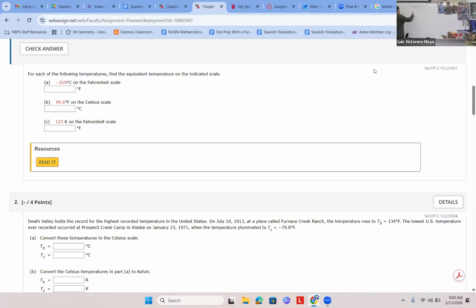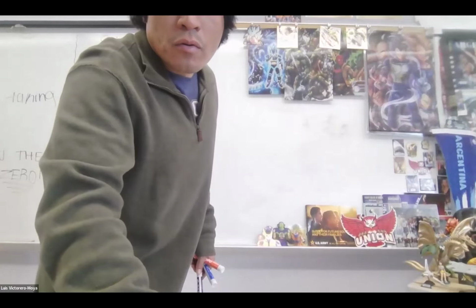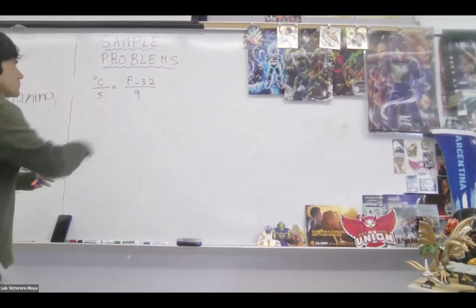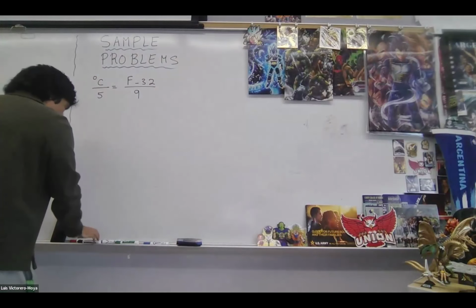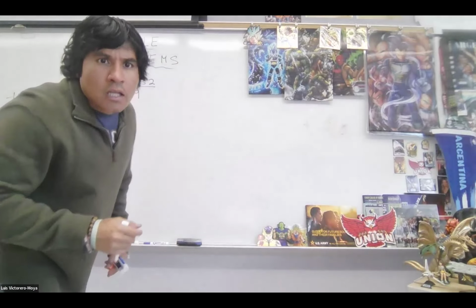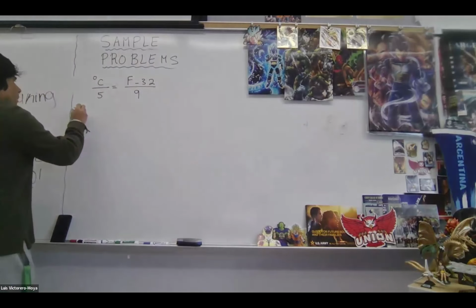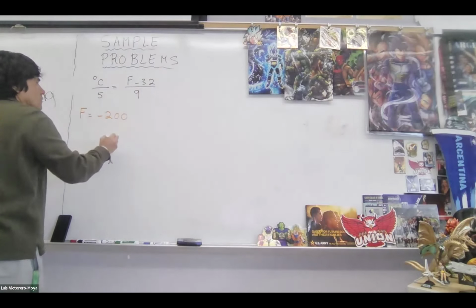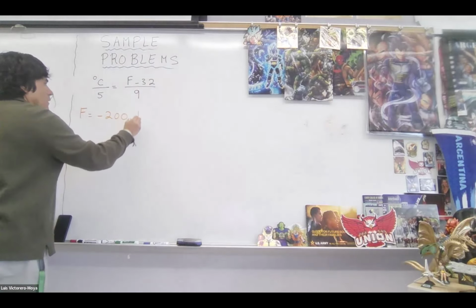Celsius over 5 is equal to Fahrenheit minus 32 over 9. That's the one that you always want to use. Because if I'm given, let's just say my Fahrenheit is negative 200. Okay? Fahrenheit.